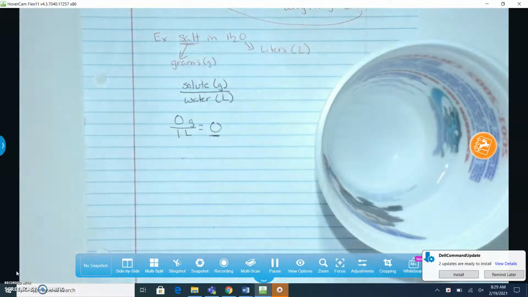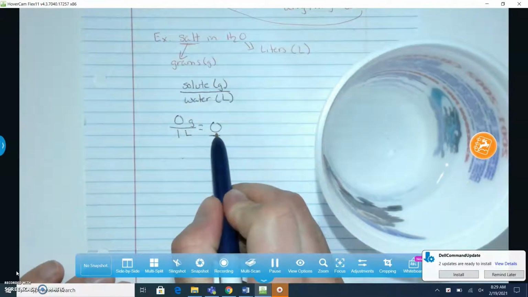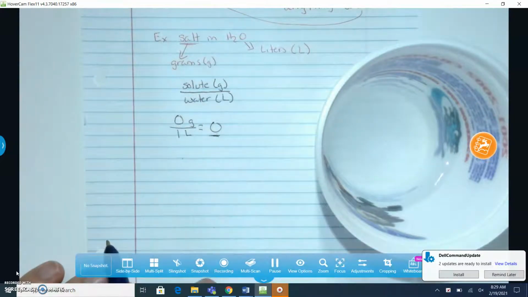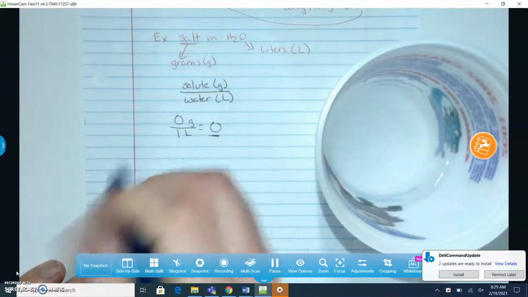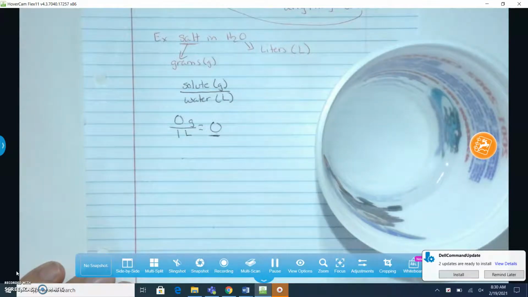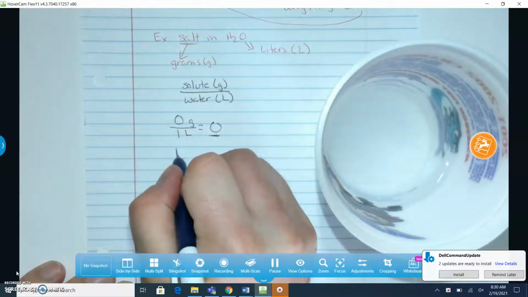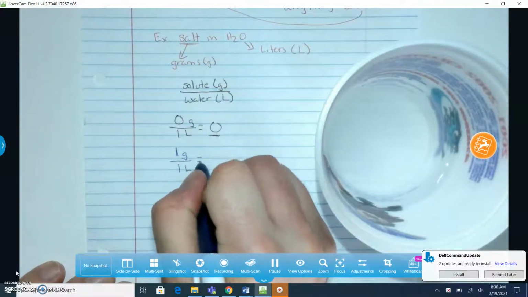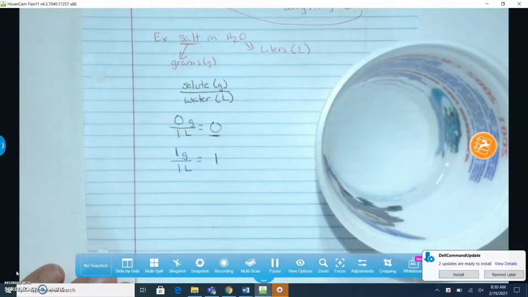Now what I've done is I've changed this number. I've changed the concentration because I've changed this number. So my new concentration would be 1 gram of salt in 1 liter of water for a concentration of 1. Again, I can make this number change.